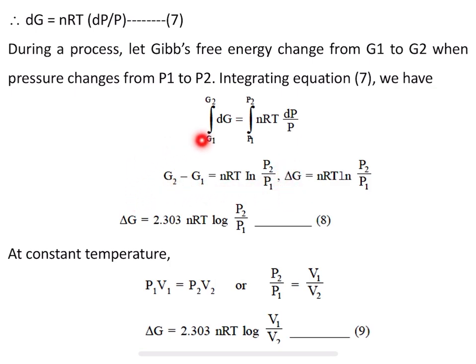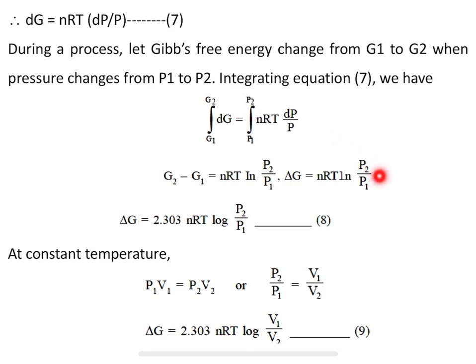This also can be written as delta G, because delta G is nothing but the change in Gibbs free energy, which has changed from G1 to G2. So G2 minus G1 can be written as delta G, and the rest is the same. So delta G is equal to nRT ln P2 divided by P1.